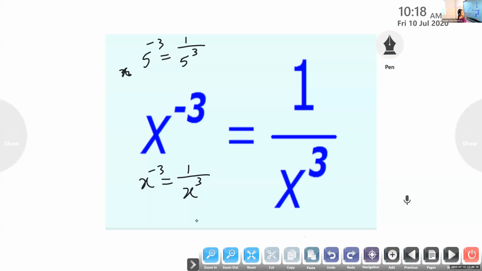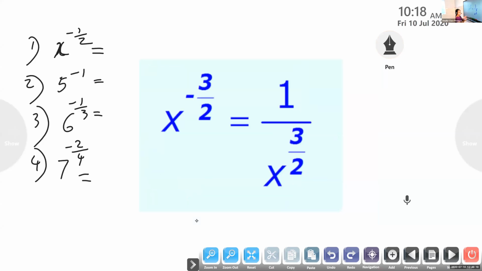Now, the power is a rational number, a fraction. In that case also, the sign of the fraction changes. X raised to minus 3 by 2: 3 by 2 is a fraction and the sign is negative. In that case also, reciprocal. X raised to negative 3 by 2 becomes positive 3 by 2.